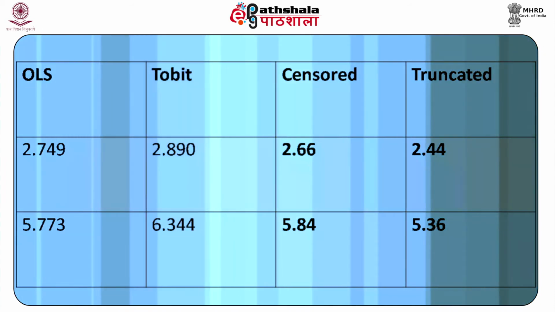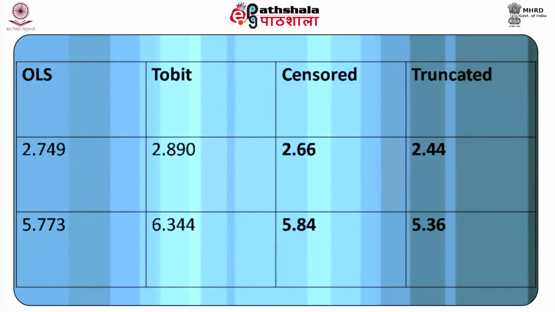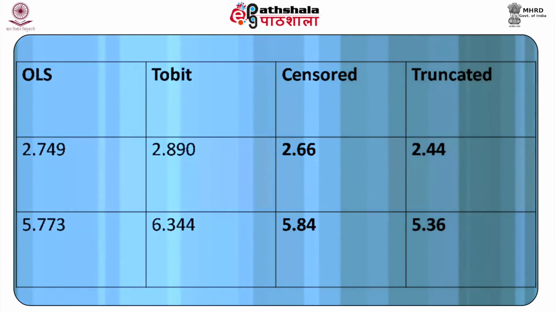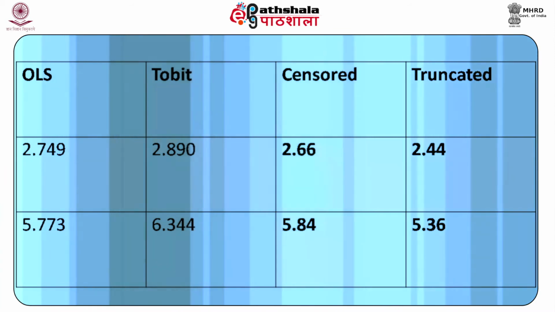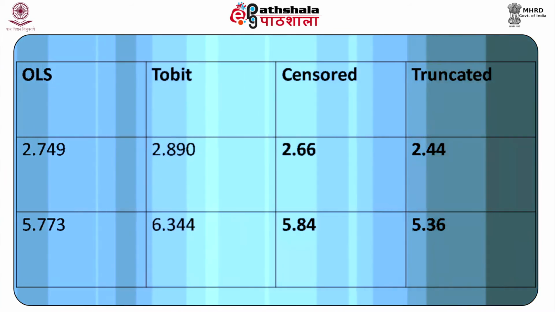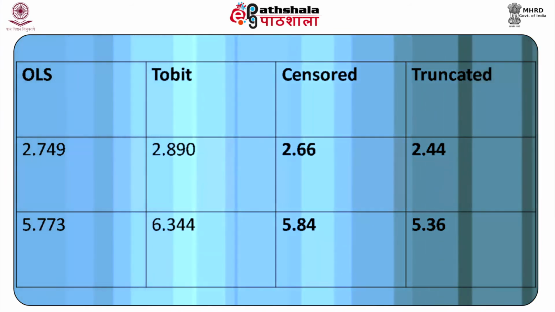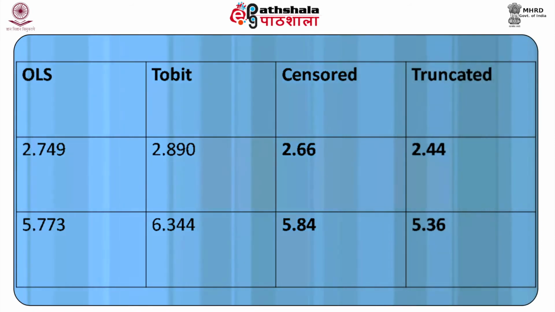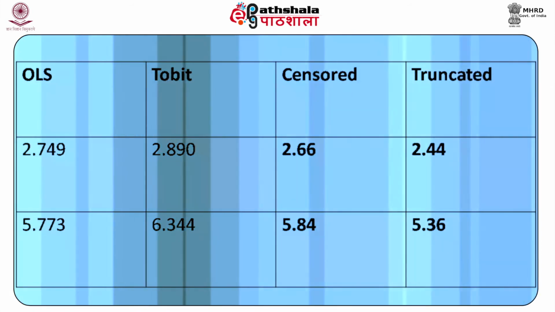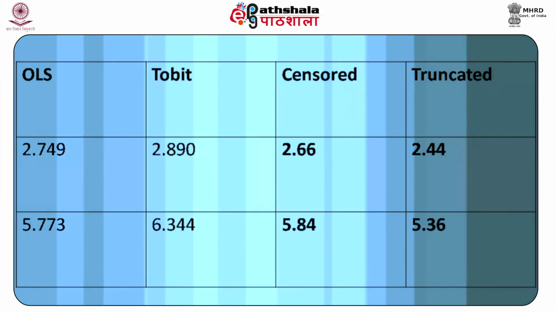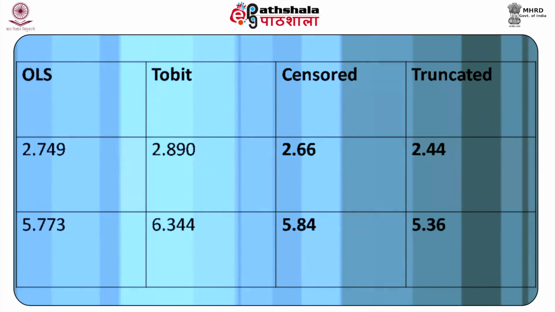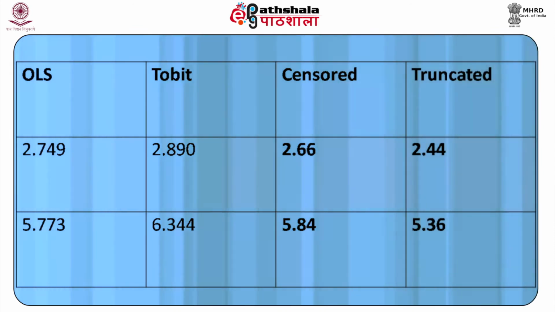Look at the second table, in which we have the marginal effects of OLS, Tobit model, censored model and truncated model. If we look at the marginal effects given in this table too, we can see that in case of OLS, the marginal effects are the same as the regression coefficients, but not in the case of censored and truncated model.